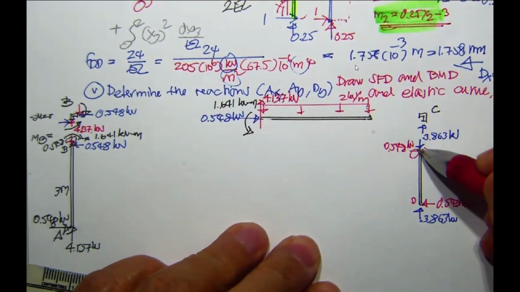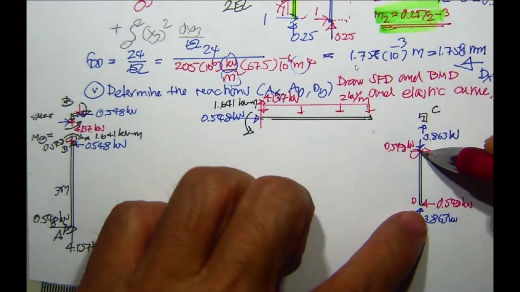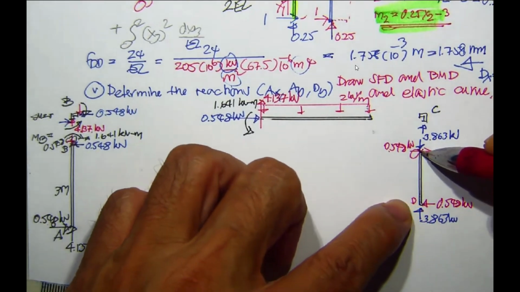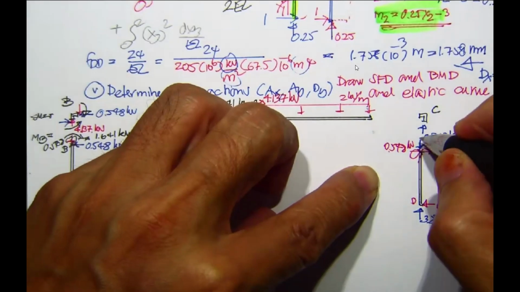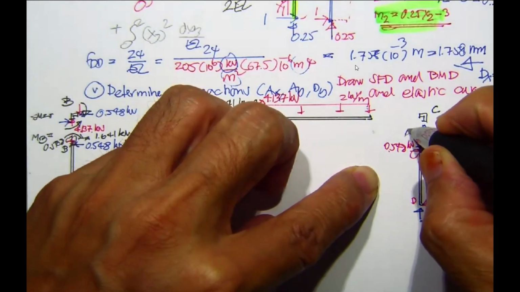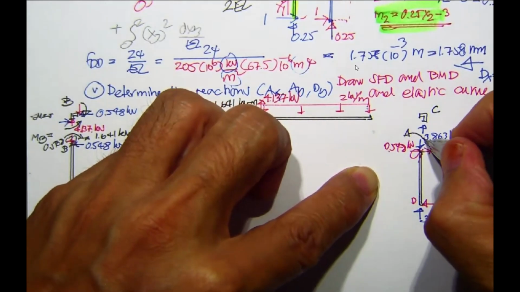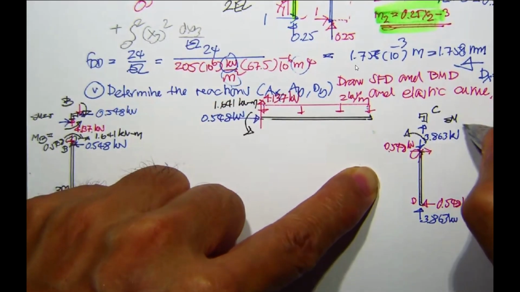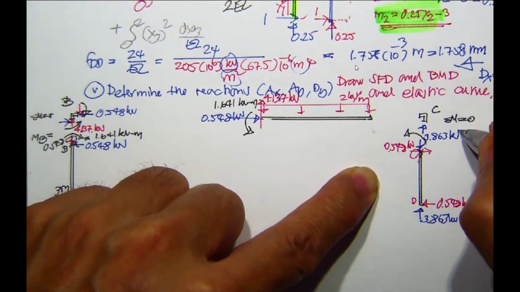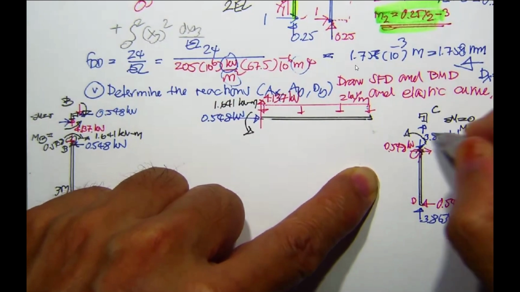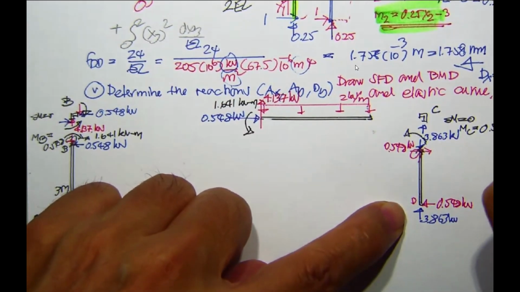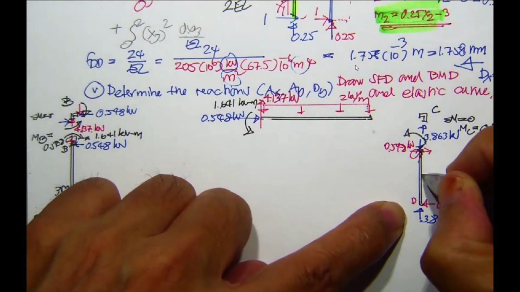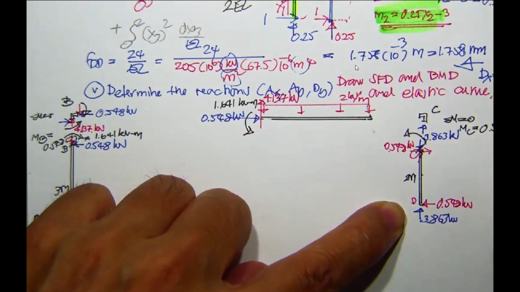Then take the moment about C. 0.548 is going to rotate clockwise. So you should have this moment M sub C. Summation of the moment equal to 0, M sub C over here is going to equal 0.548 times 2 meters.